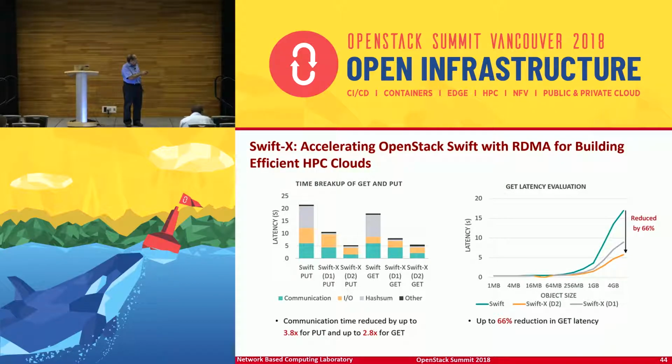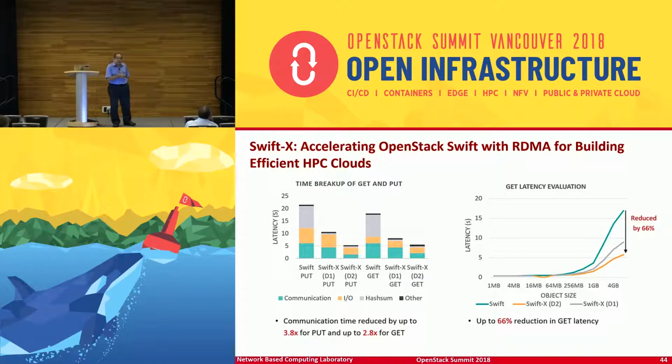You can see that the D2 design always gives the best performance. On the right-hand side is the put breakup, and this is the get latency evaluation. We are able to reduce the time by 64%, even for large sizes like 1 gigabyte, 2 gigabytes, or 4 gigabytes.